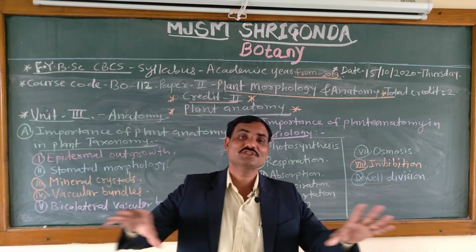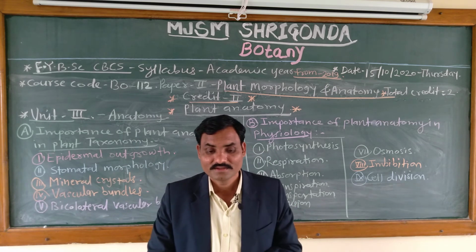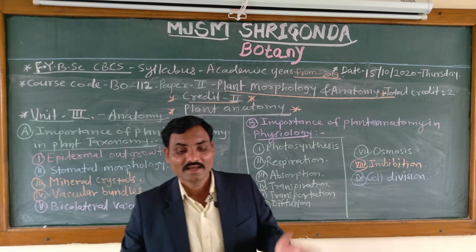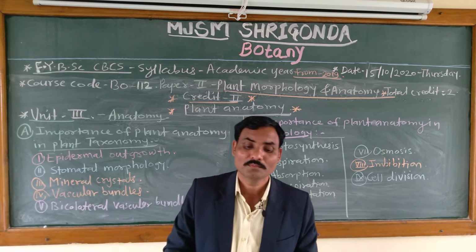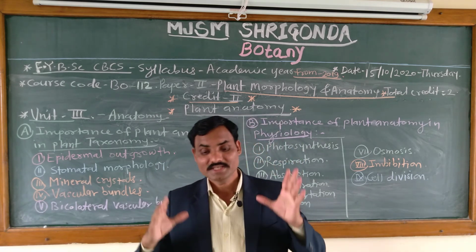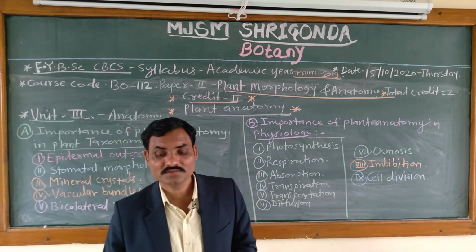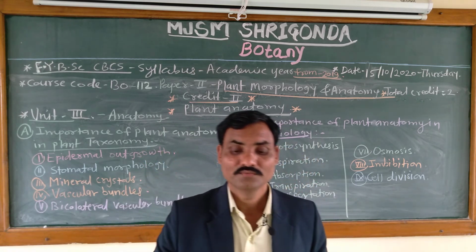It changes the structure of the plants. Therefore, plant physiology and anatomy are closely related, and the knowledge of plant anatomy gives proper insight to understand the structure and functions and various interpretations which are the basis of plant physiology.